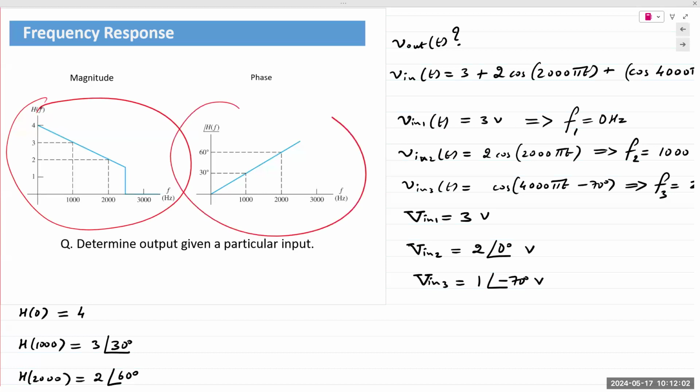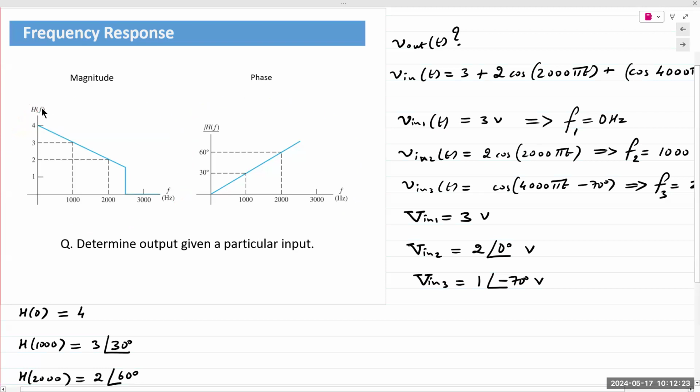The one on the right gives you the phase. Also made the point that V out and V in are phasors, complex quantities. So H of f, the transfer function, is also a complex quantity. So it has magnitude and it has phase. In this particular problem, we are simply given the transfer function in graphical form, and we are asked to find the output for any given particular input.